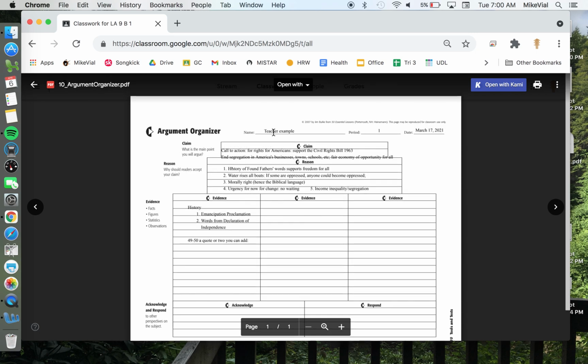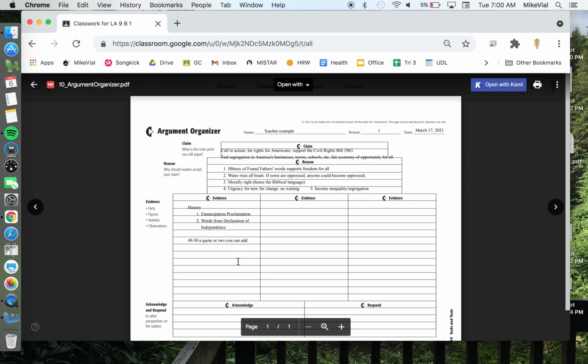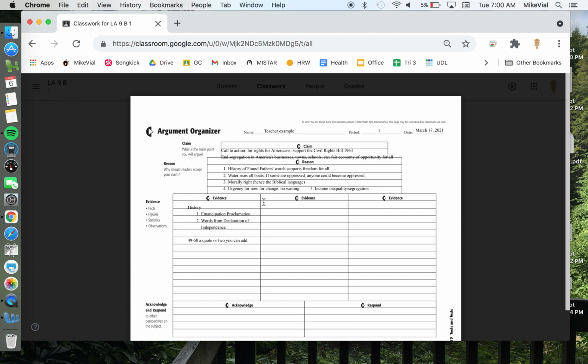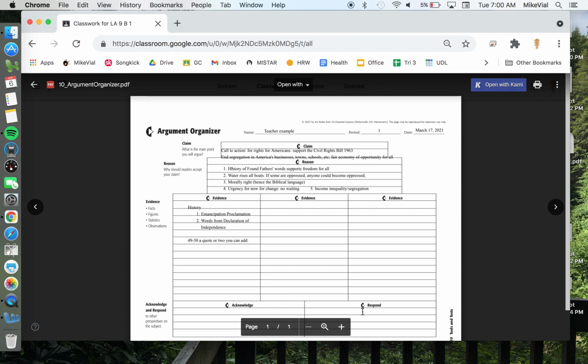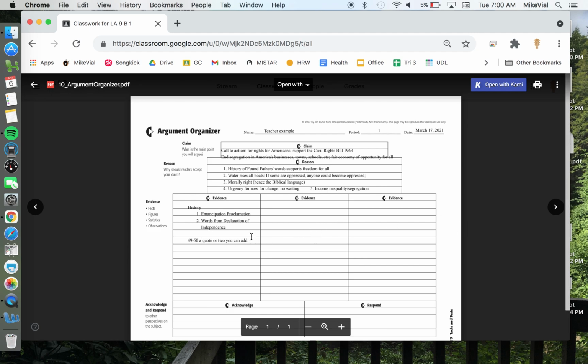Some of you might look at these notes and think about this organizational strategy and how it guides your paragraphs. A lot of students will find that the evidence gives possible paragraphs that you write. The acknowledge and respond could be one paragraph or two paragraphs. You'll make choices. Some people may find that the evidence could be more than one paragraph.